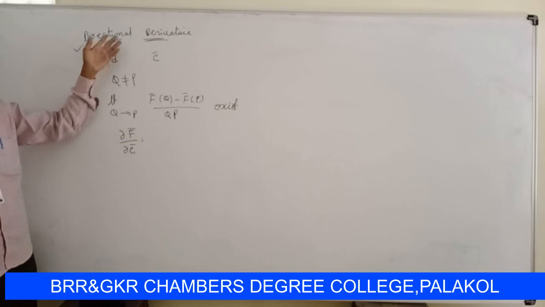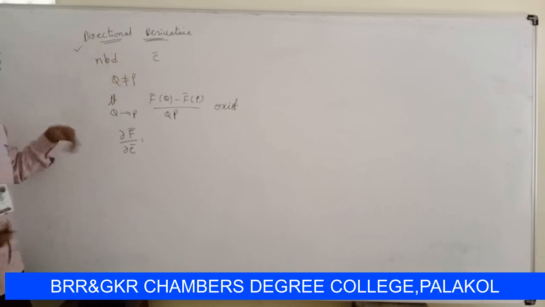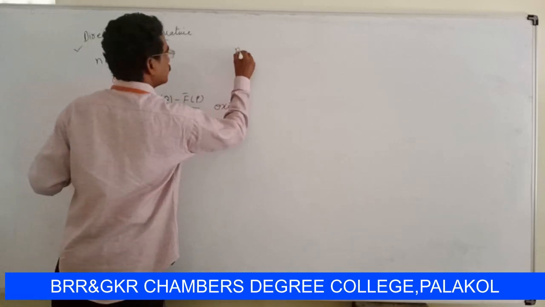Let f be a vector point function defined on a neighborhood of D. First of all, what is a neighborhood?